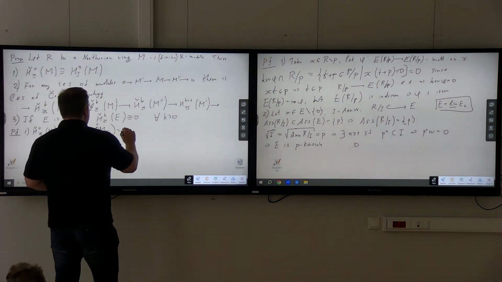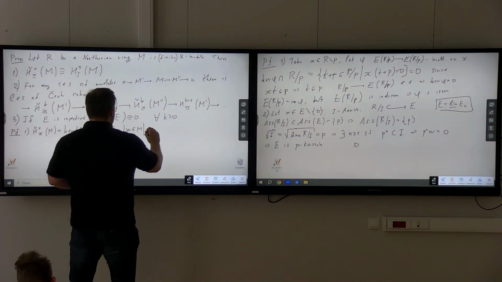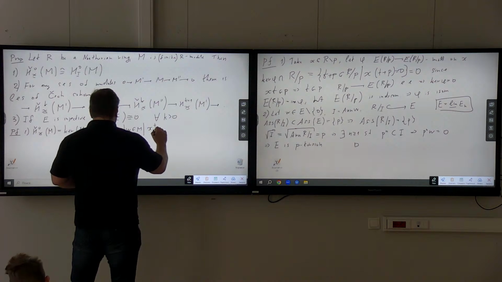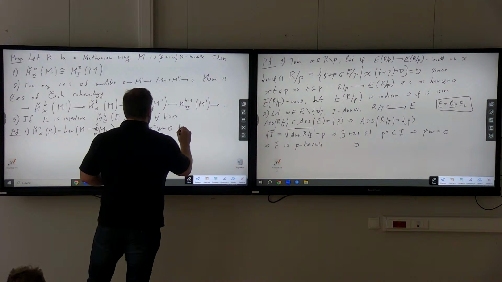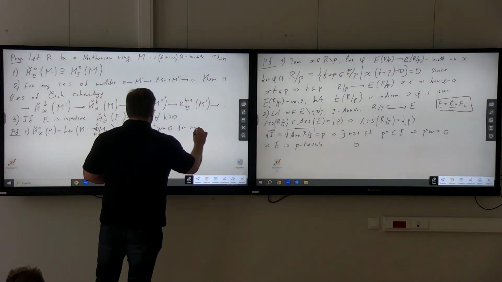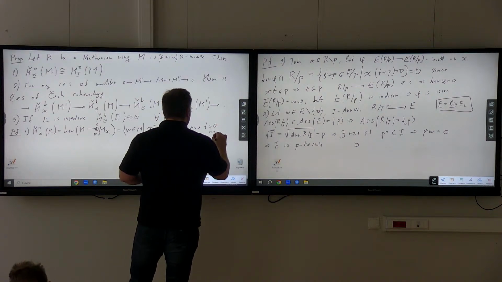Now let's be more specific. So in this kernel we have elements w such that x_i to the t times w is 0 for some t positive and i between 1 and c.